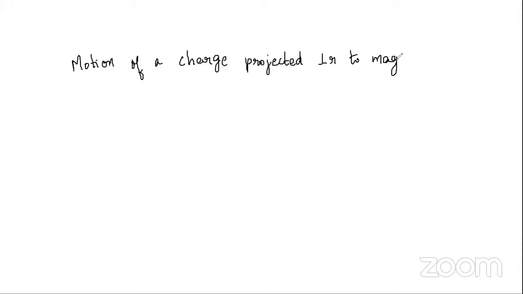Motion of a charge projected perpendicular to magnetic field. That means the velocity and the magnetic field are perpendicular to each other. So in that case, what will happen?